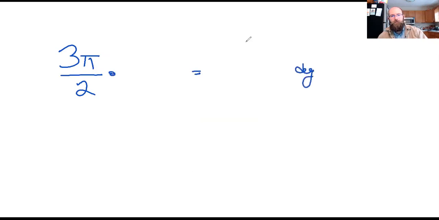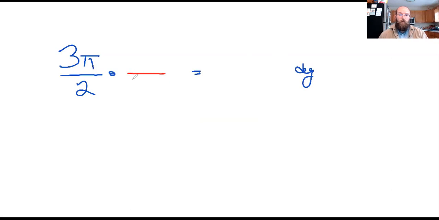So let's start off with 3 pi over 2. This is in radians. I know that because it either tells me it's in radians or there's no unit at all. So radians don't actually require a unit. So I'm going to convert this into degrees. So I need to multiply by a ratio.